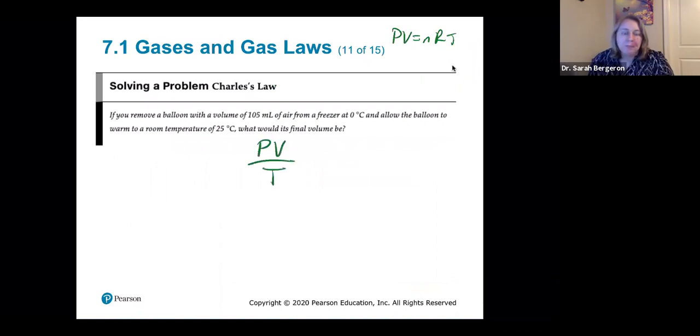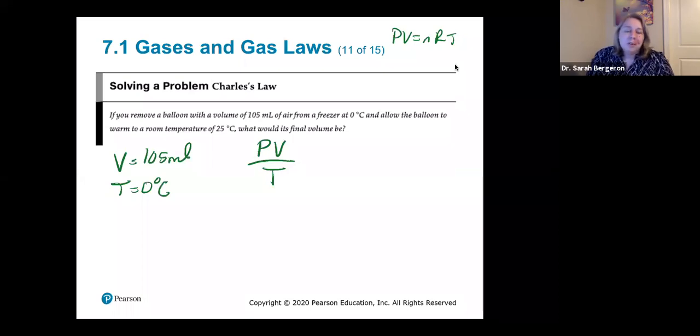So 2 things. Okay, if you remove a balloon with a volume of 105 milliliters of air from a freezer that is at a temperature of 0 degrees Celsius. Now, before we do our work, there's one thing you have to remember. Always convert temperature to Kelvin.